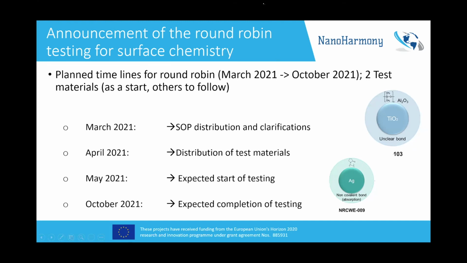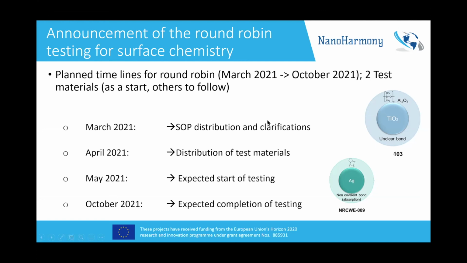Some groups have already these materials. In May 21, we expect the start of the testing, and in October 21, we expect the completion of the first round of test materials. So then there will be others to come, in a staggered approach.